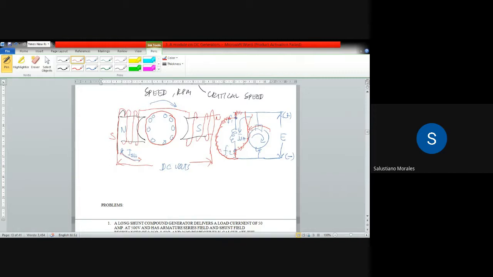So if the flux is zero, then the generated voltage will become zero. So it will not build up.